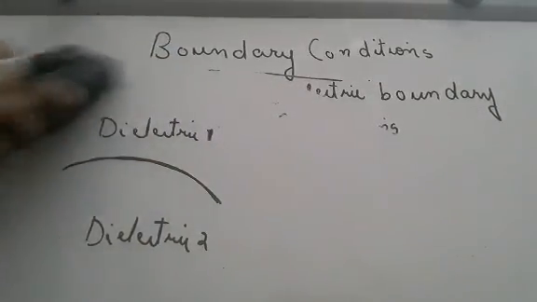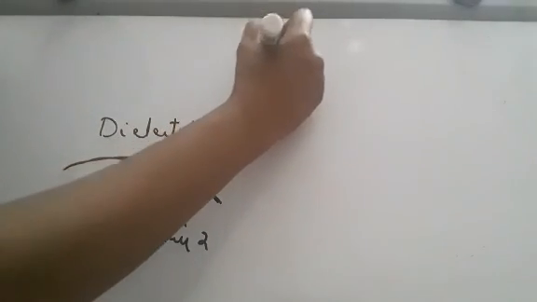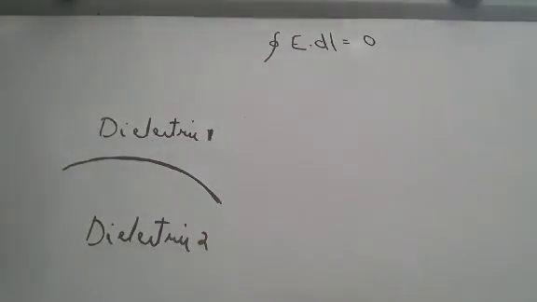So first I am taking the conservative field equation, that is closed line integral of E dot dl is equal to 0.